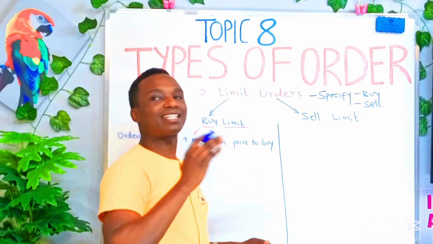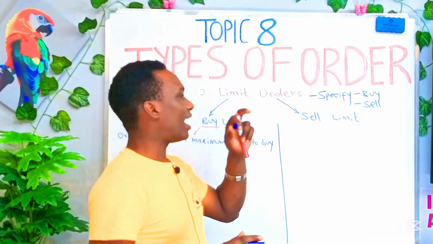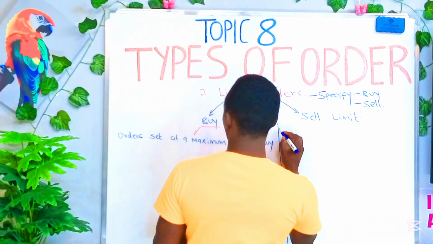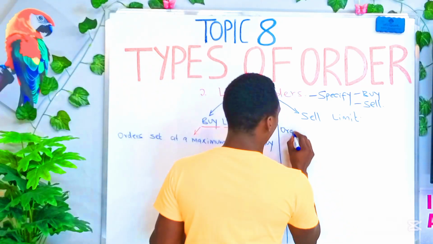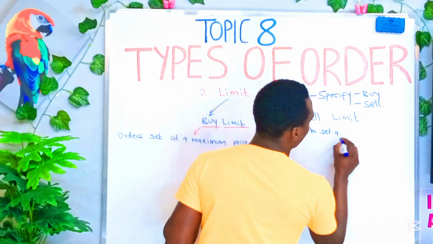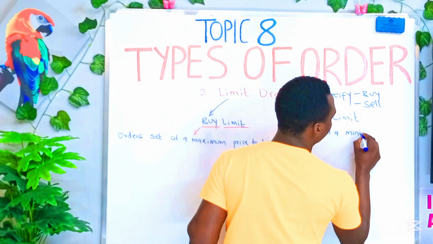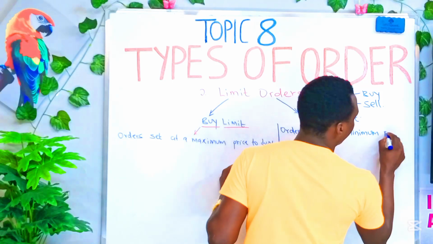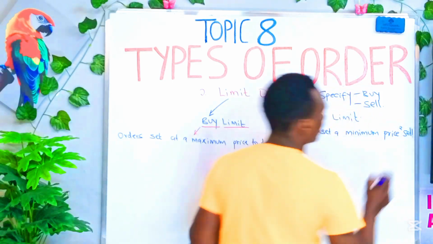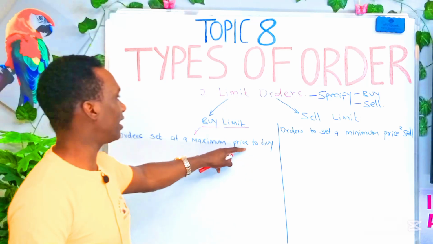These are orders that are set at a minimum price to sell. Is that clear?